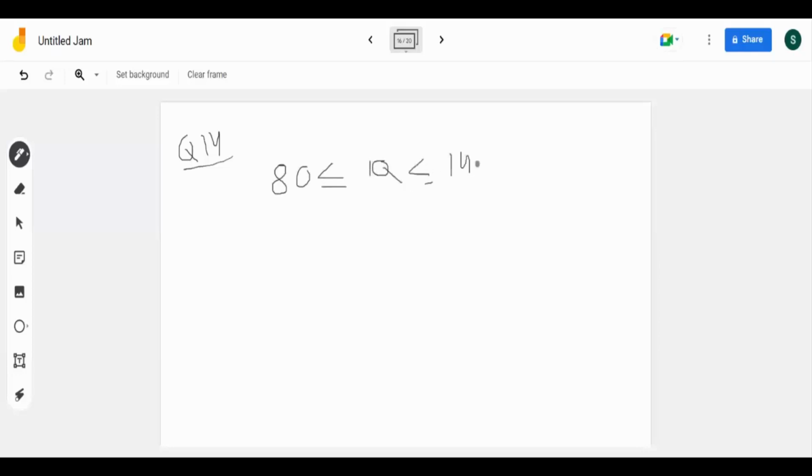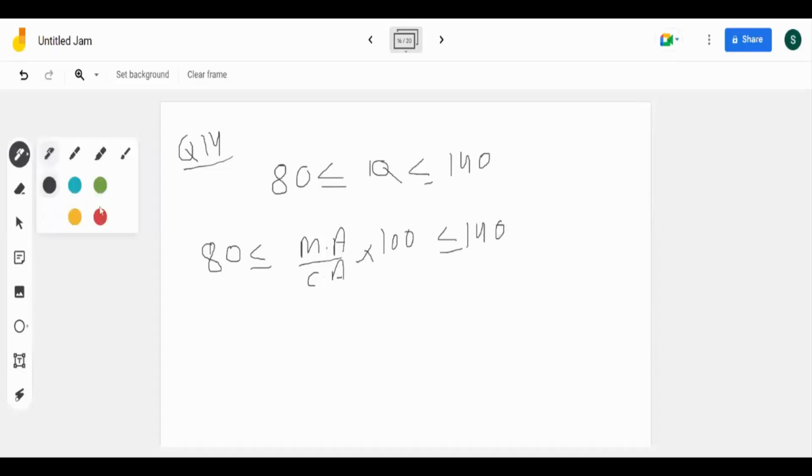Then we can write the formula of IQ. Substitute the formula of IQ as mental age divided by chronological age into 100 is less than equal to 140. In the given question, chronological age is 12, so substitute CA equals 12. So we got our inequality.